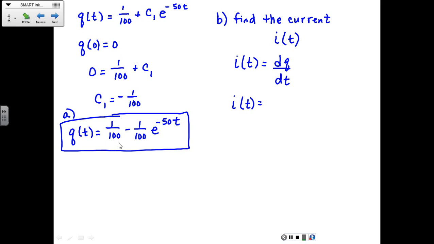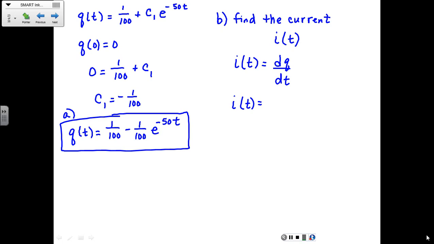Look at this. What's the derivative of 1 over 100? 0, so skip on over here. Negative 100 times the derivative of this. It's e to the minus 50t times, the chain rule says it's e to the u times derivative of u, right?